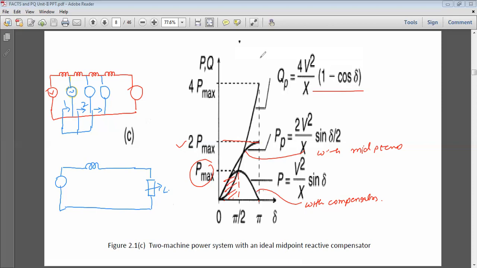Now the compensator is going to be connected at the load side, and we will see what the positive outcome is from such a connection. Okay, thank you.